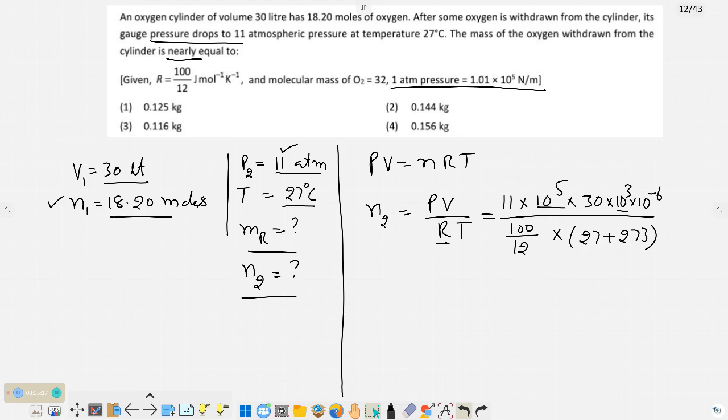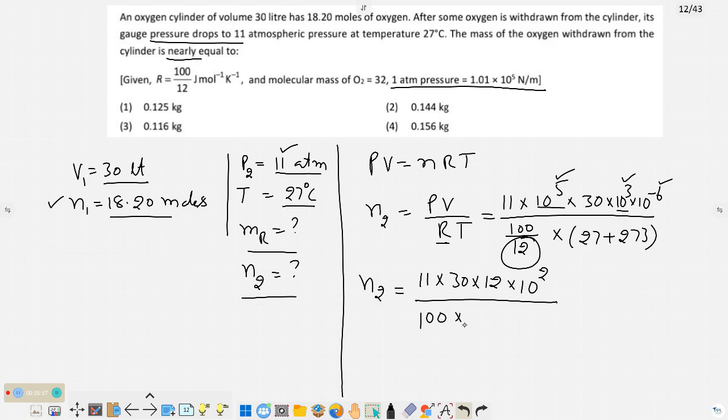Continuing the calculation, N2 is equal to, if you observe, 11 in the numerator, 30 into 12 goes to the denominator, and the remaining powers: 5 zeros, 3 zeros, 8, and then minus 6, that is 10 square you get. In the denominator we already have 100, and 27 plus 273 becomes 300.